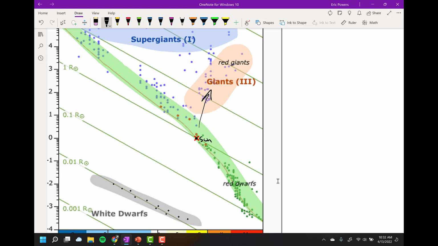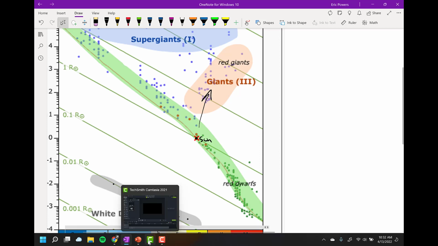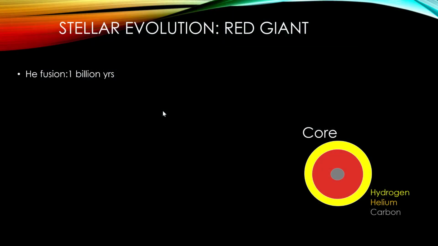So go ahead and indicate that transition from the sun on the main sequence down here up into the giants. This is our first transition. So our sun is going to turn into a red giant.